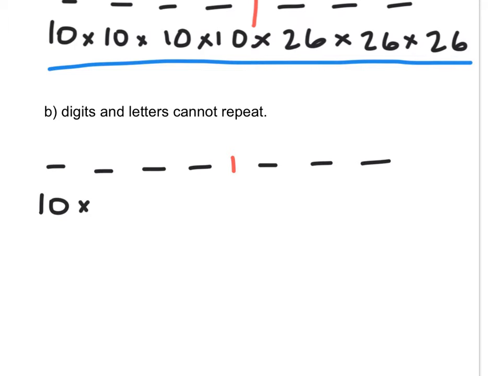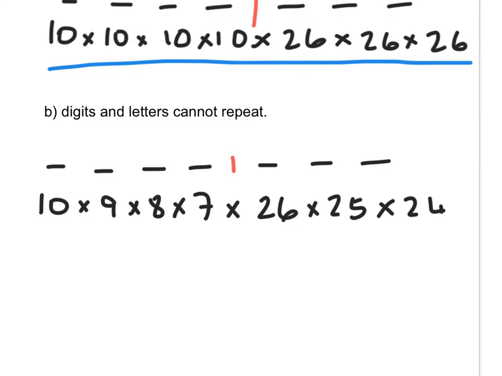But whatever went in that first position cannot be used again. Whatever is used in the first 2, then when we move to the third position, we've already used 2 digits which cannot be used again. That means we've only 8 left to choose from, and so on. Then we move to the letters, 26 possibilities for the first, 25, and 24. And again, there's your chain of multiplications. Done.